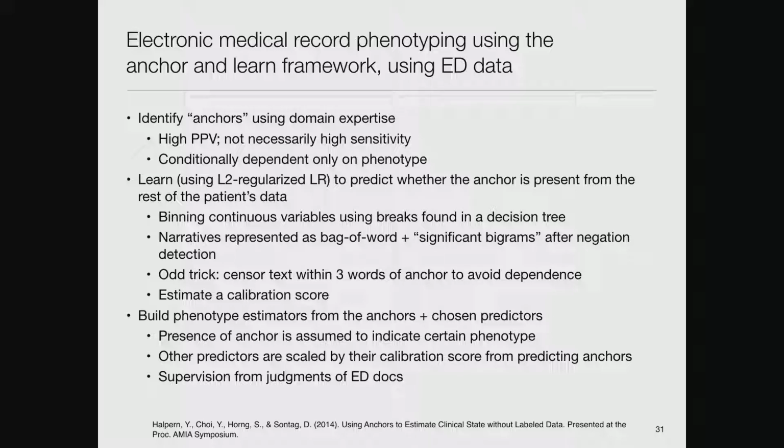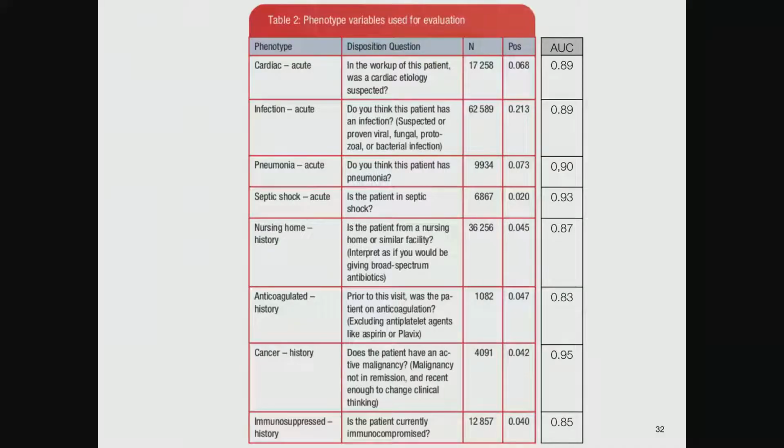They calculated a calibration score for each of these other predictors that told you sort of how well it predicted. And then you can build a joint estimator that uses all of these. And the bottom line is that they did very well. So in order to evaluate this, they looked at 8 different phenotypes for which they had human judgment data.